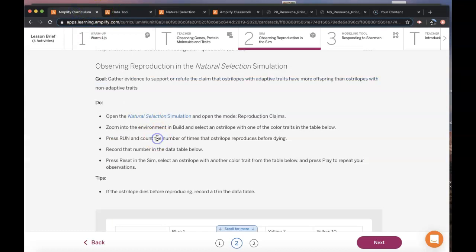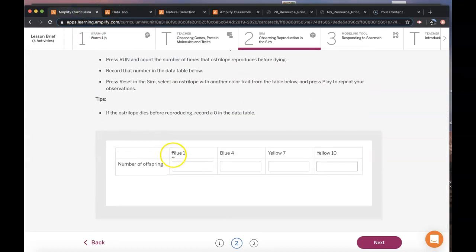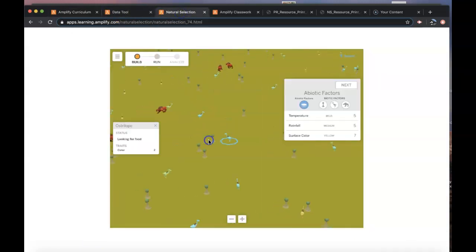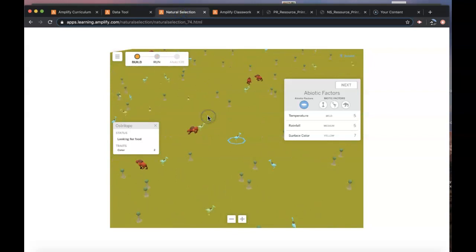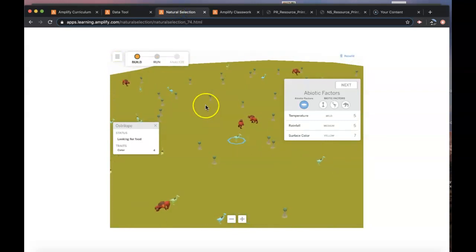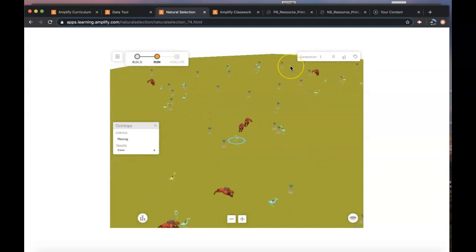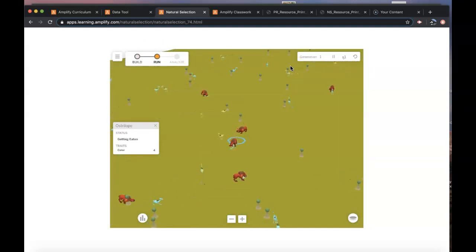The data table says blue 1, blue 4, yellow 7, yellow 10. So I need to find blue 1, blue 4. So there's blue 4. I'm going to select that australope and then press run. I'm going to follow the individual until it dies.